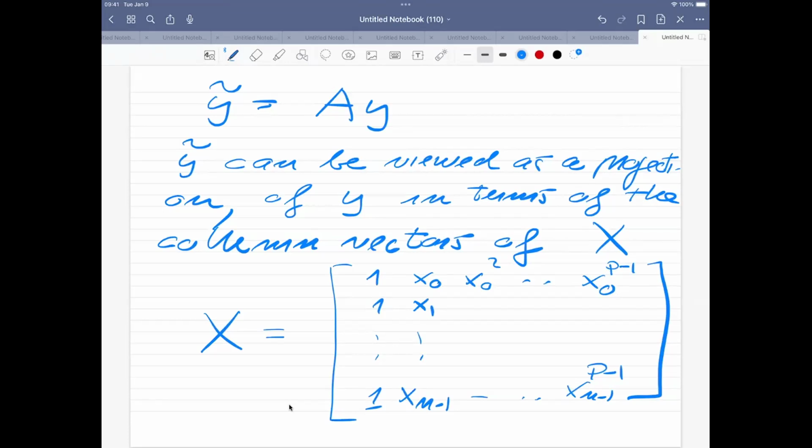So that's something which in Python you will see called the pseudo-inverse, or the Moore-Penrose inverse of a matrix. So let's now just remind you of the singular value decomposition, because that is also going to give us some deeper understanding of what linear regression actually means.